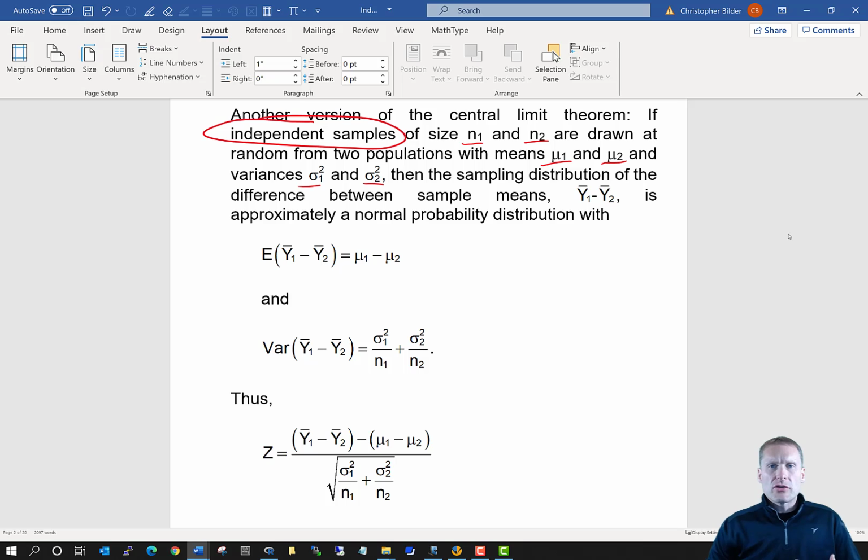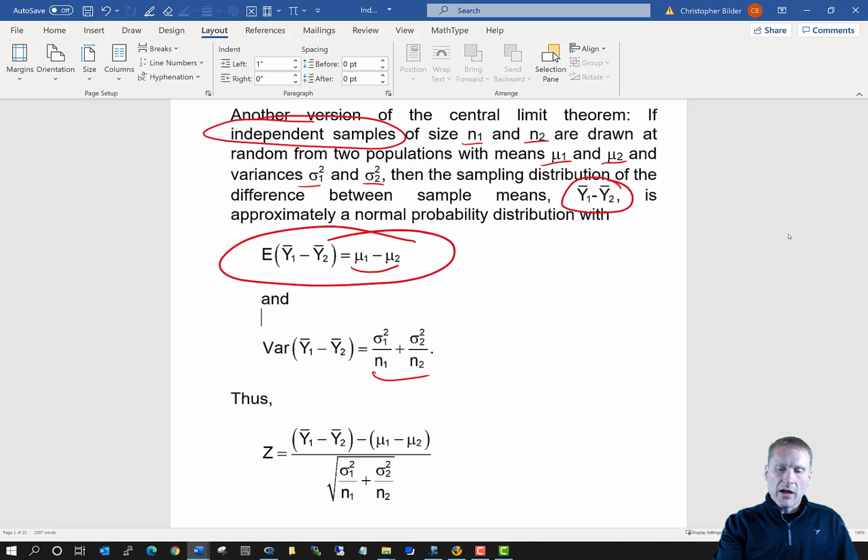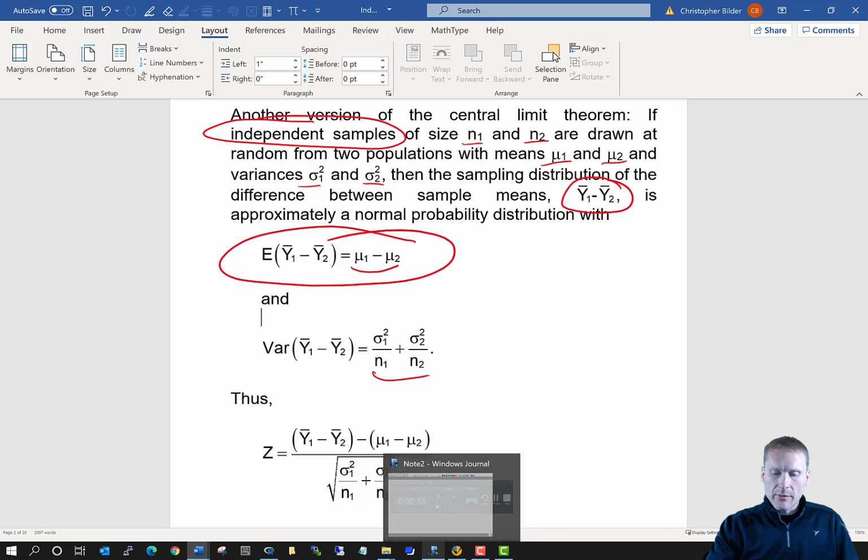Then one can show from the central limit theorem that the difference of the two sample means has an approximate normal distribution, with a mean of mu1 minus mu2 and variance of sigma 1 squared divided by n1 plus sigma 2 squared divided by n2. Okay, so let's focus on this top portion right here. Let me go to Windows Journal.